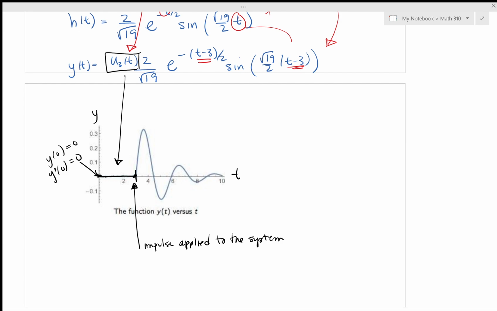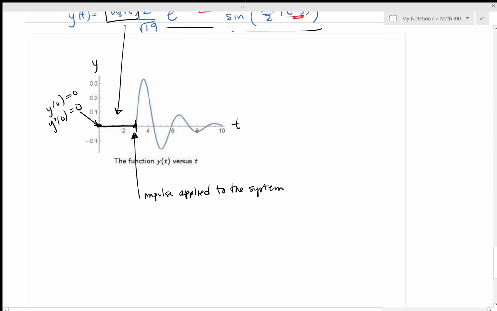And so it sort of immediately responds, and then there's a decaying exponential, and the type of oscillation is sinusoidal. Okay, so we could write this in another way if we liked, without that u3 of t.